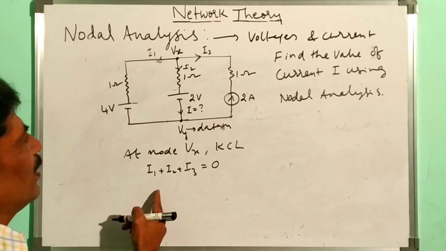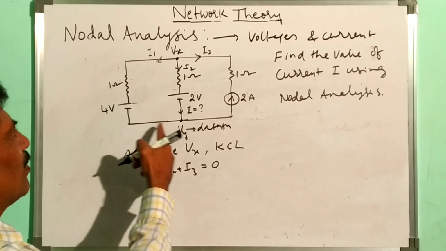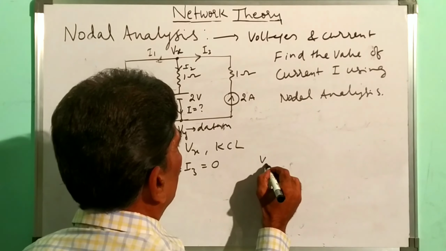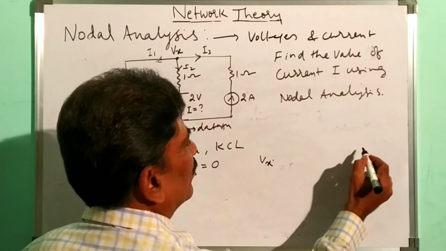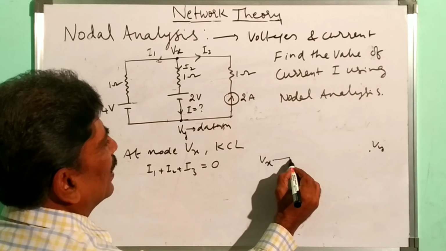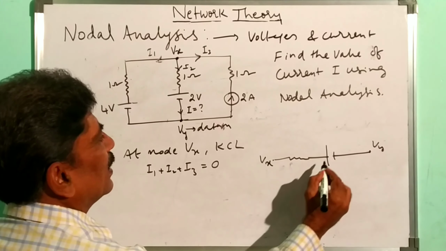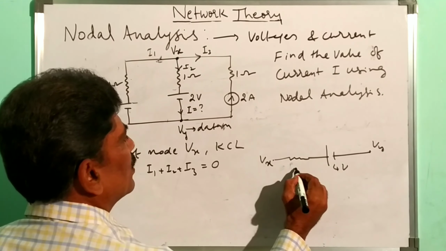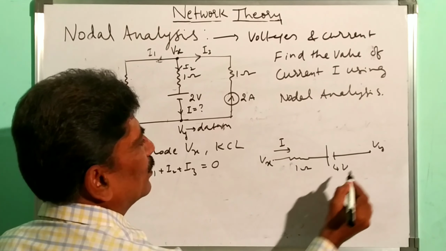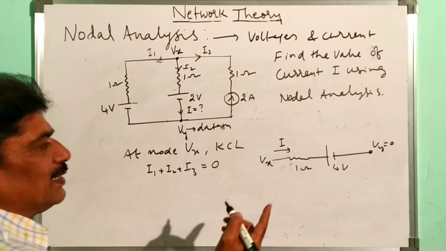So let us find out I1 now. This is the branch. In this branch, how to find out I1? Just now we have discussed how to find out the current when the situation is like this: Vx, Vy, a resistor and a voltage source. Here it is 4 volts, and it is 1 ohm, and current is flowing like this. Vy is equal to 0 given, so this is the datum node.